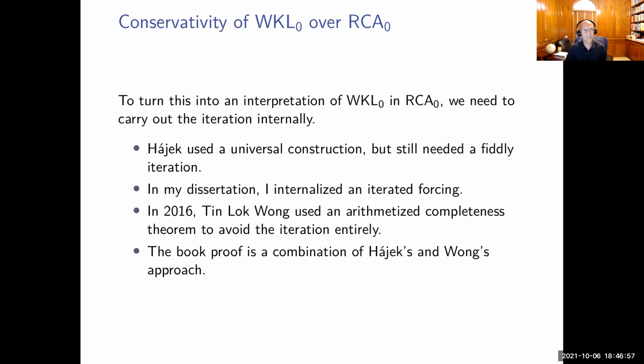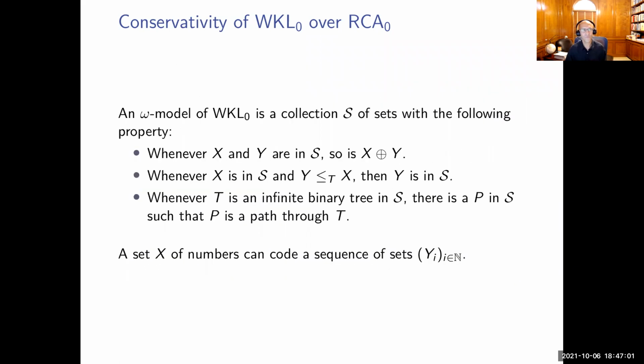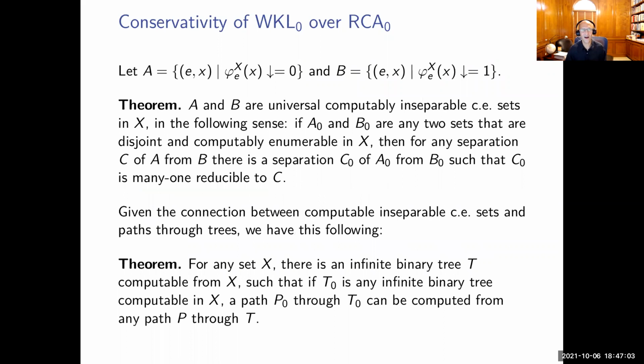So let me just state the two results that put together do it, and then I'll stop there. The idea that Hayek used in his construction is that there's a universal infinite binary tree.